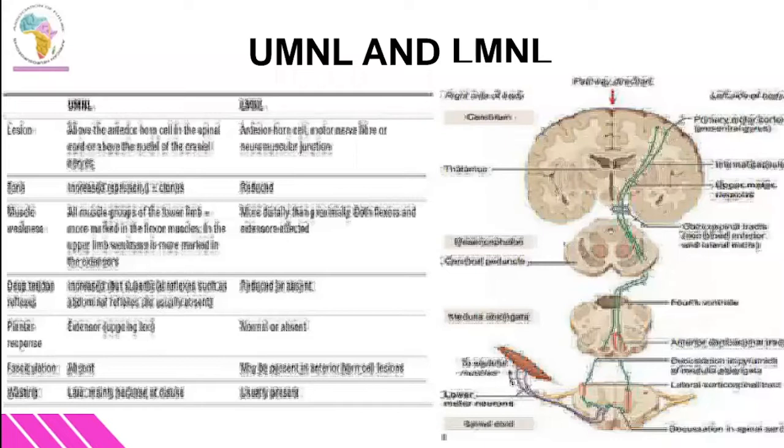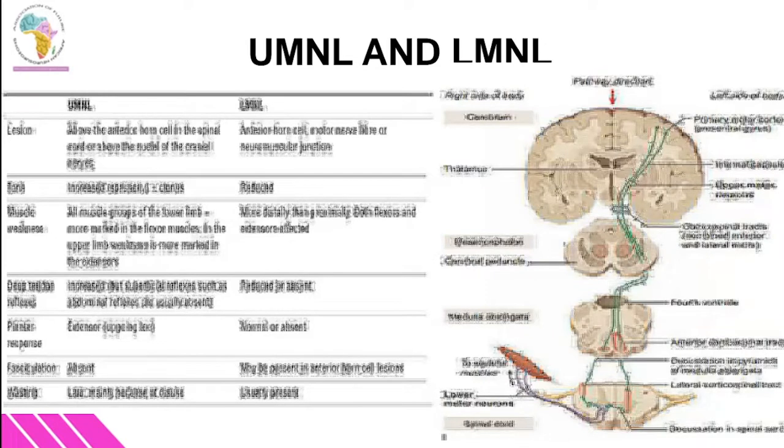I know there's so much information to take in, but what I would want everyone to take home is that the Babinski sign is mostly present in upper motor neuron lesions. Fasciculations you mostly see in lower motor neuron lesions. The type of atrophy in upper motor neuron lesions is disuse atrophy, because the patient loses the ability to use the skeletal muscles, while in lower motor neuron lesions it is denervation atrophy.